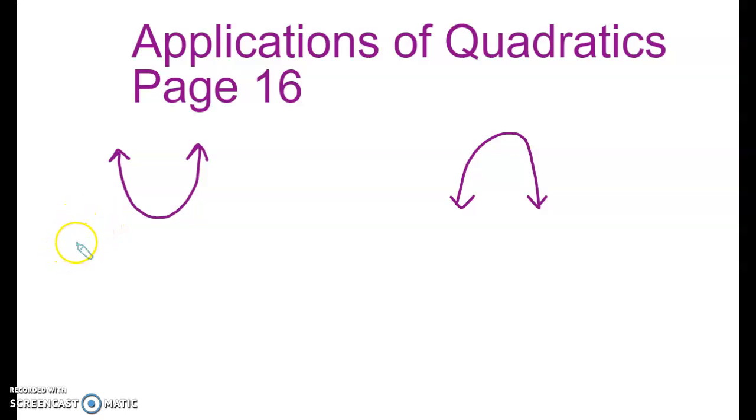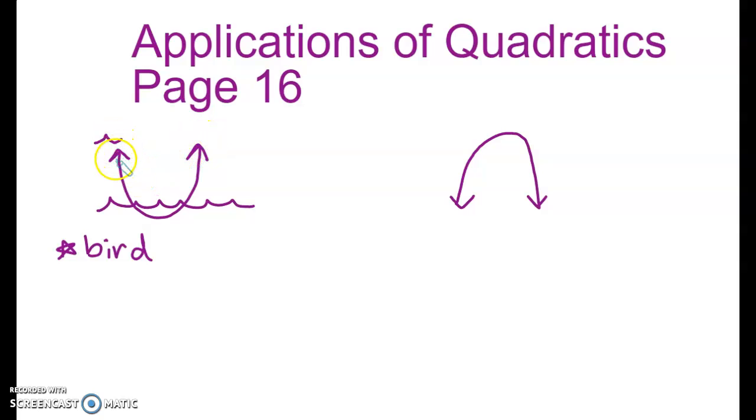So let's talk about this shape opening up for a second. Have you ever heard of a certain bird that dives down into the water to catch a fish? You would have a lake or ocean, and then you'd have this bird flying in, and it would dive down and catch a fish and then swoop back up.